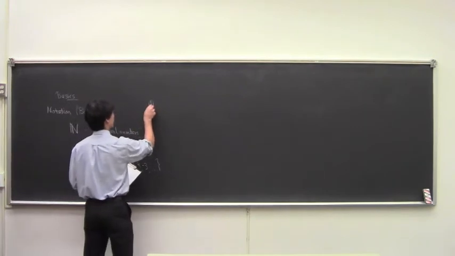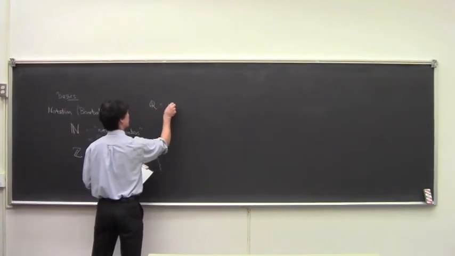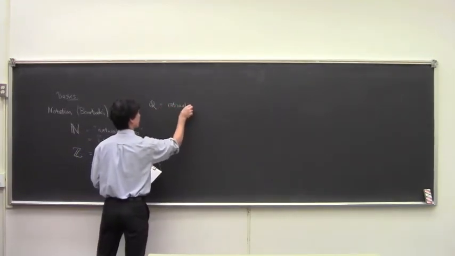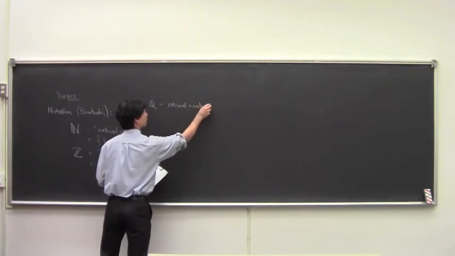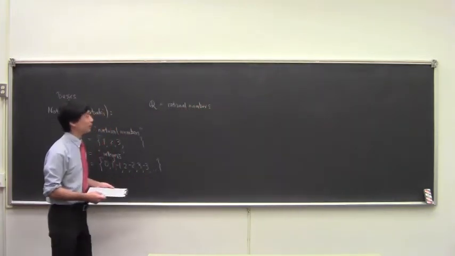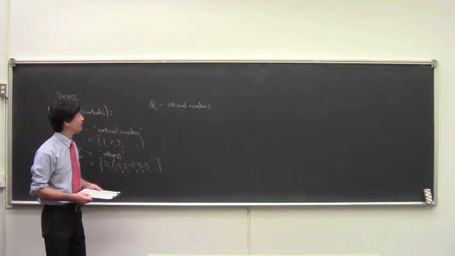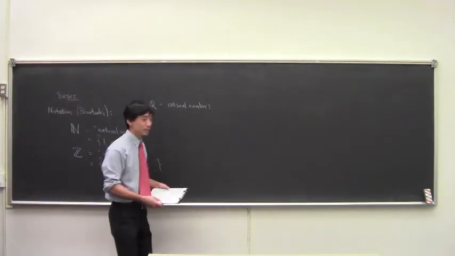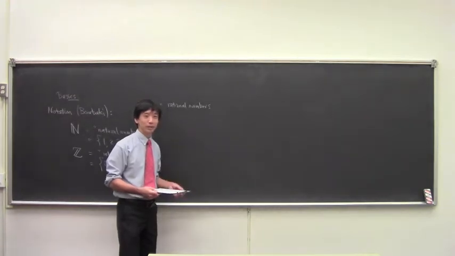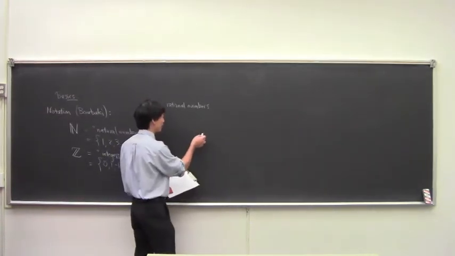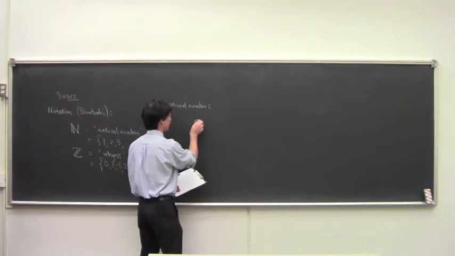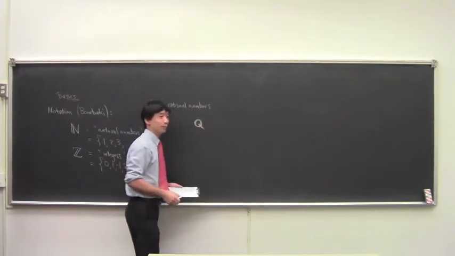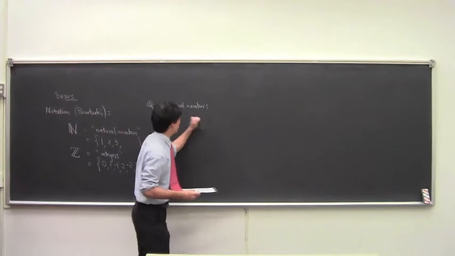Then there's Q, the rational numbers. Normal Q or like bold? Bold Q. They're all going to be bold. Blackboard bold is basically what you'd like to do if you had a bold font. If you could do a bold font on the blackboard, but you can't do it efficiently. So maybe you could do some sort of bold, but it would take too much time.